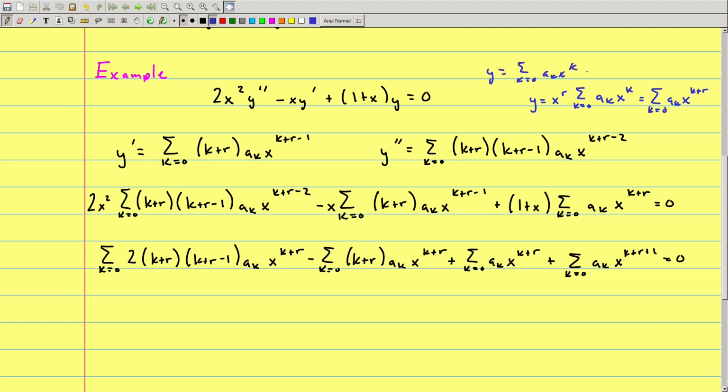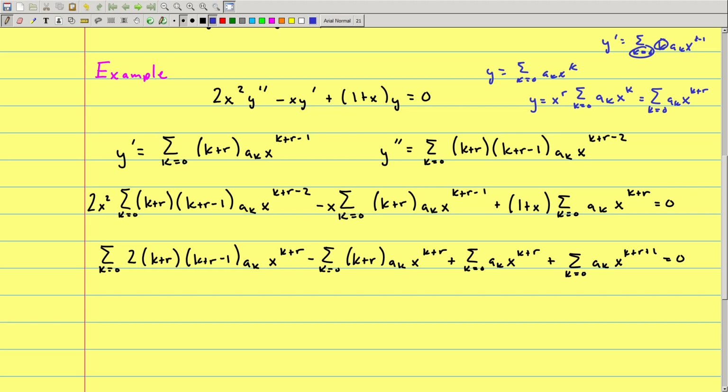And when I took the derivative and got y prime, I could write this. But when k was equal to 0, this would equal 0, so that first term would be 0.